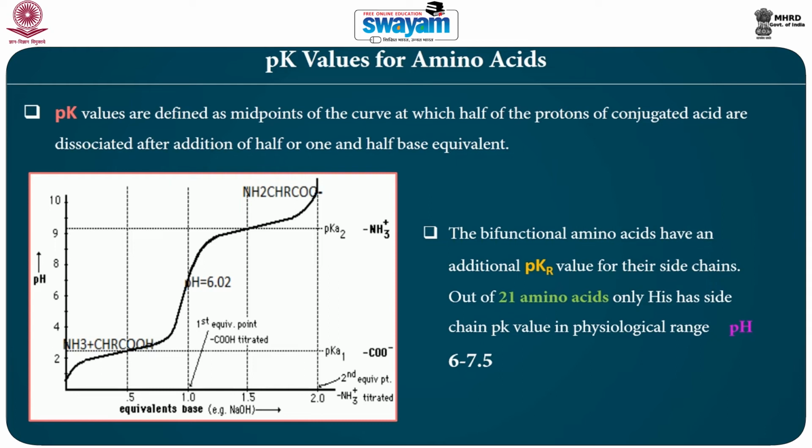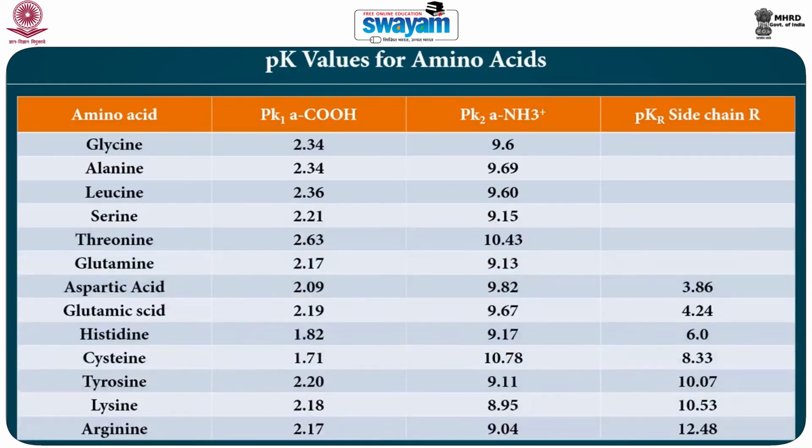Out of 21 amino acids, only histidine has side chain pK value in the physiological range of 6 to 7.5. We show in this table pK values, that is pK1, pK2 and pKr for the side chain.